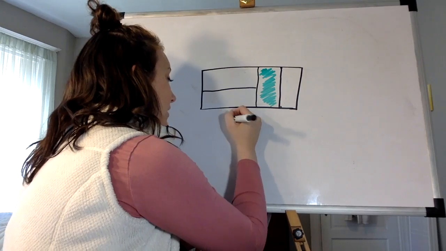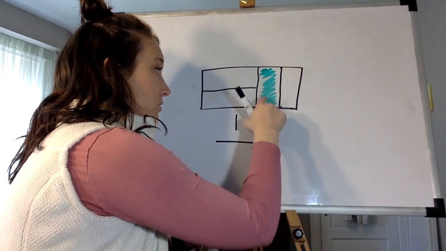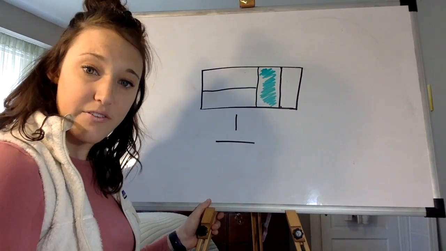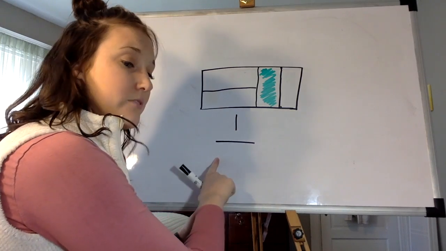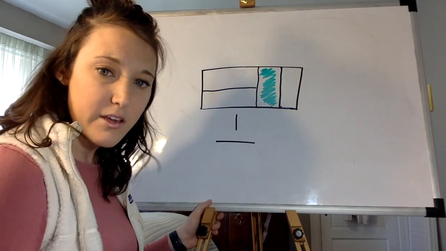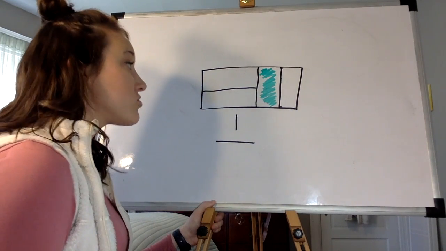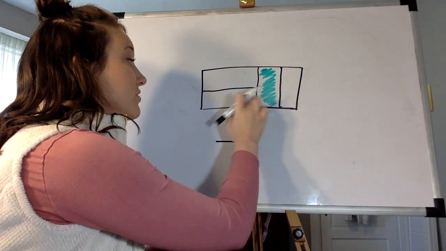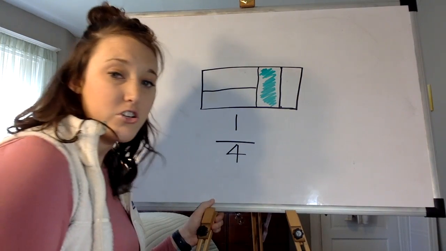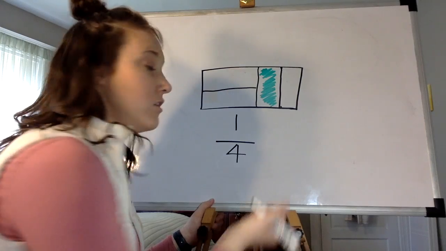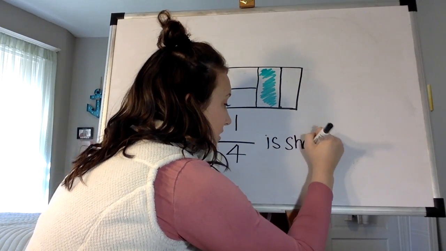Okay, so we'll have our 1 fraction bar. Okay, 1 equal share, that's what the definition of the numerator is. And then you always have to make sure you have your fraction bar, which in the book they give for you, so you don't really need to worry about that. And then how many equal shares do we have? 1, 2, 3, 4. Over 4 equal shares that make up the whole. So it's 1/4 is shaded.